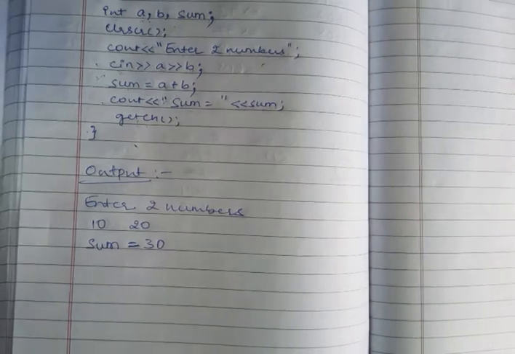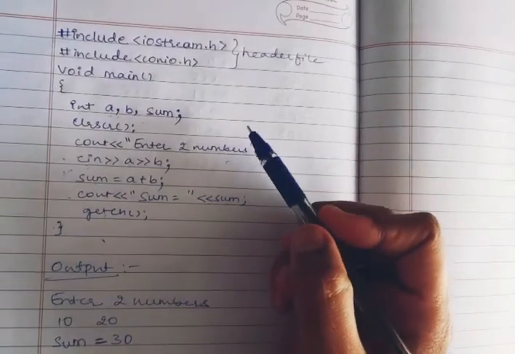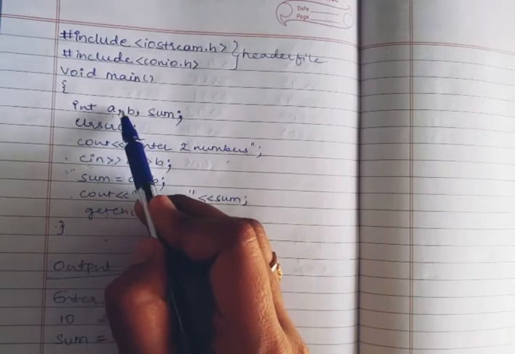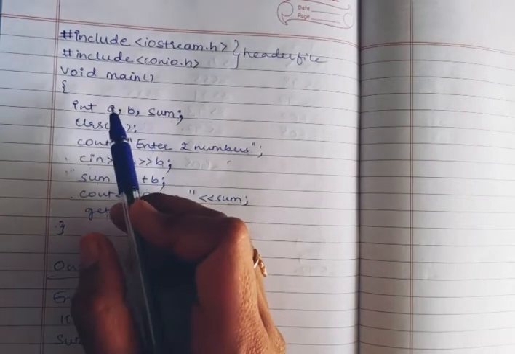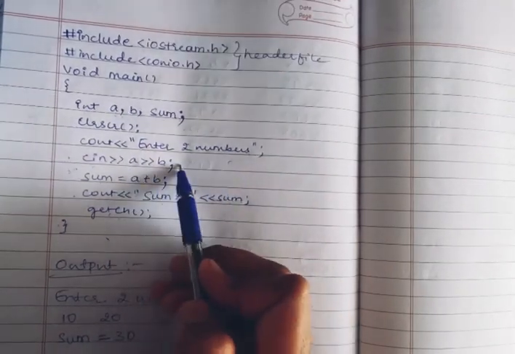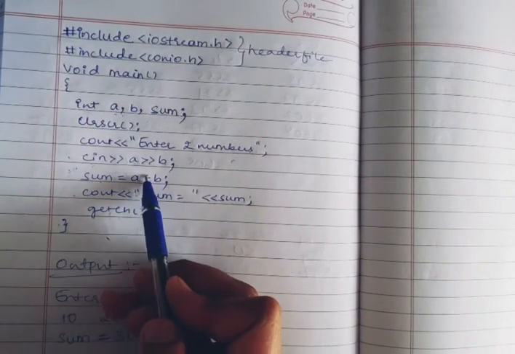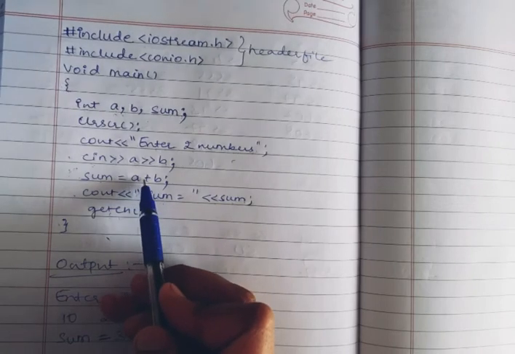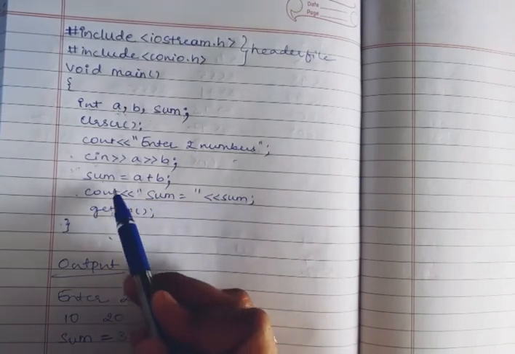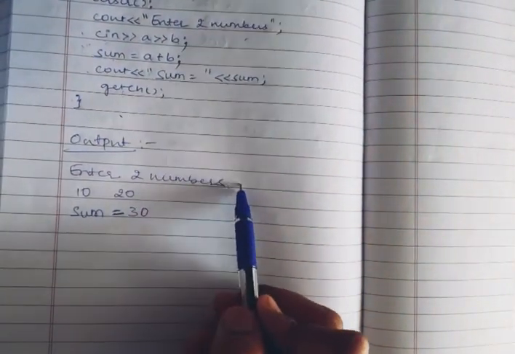Likewise, you can try it out for the product of two numbers. What are you supposed to do? You can change the variable name to product, and the rest remains the same, because for the product of two numbers we again need two variables, A and B. Instead of sum, I use product, and instead of the plus operator, I use the multiplication operator, A into B. The output statement, "Enter two numbers", remains the same.